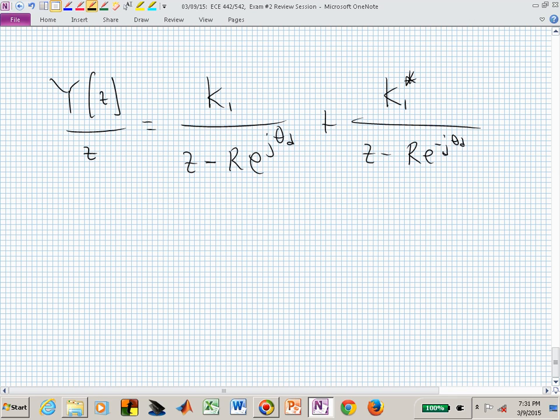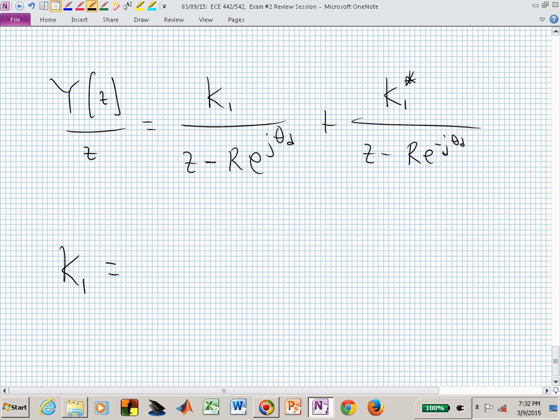We'll have K1 z over z minus a complex number, and we know how to inverse z transform that expression. K1 will in general be a complex number. If we find K1, we don't have to solve for K1 star, because it's just the conjugate of K1.